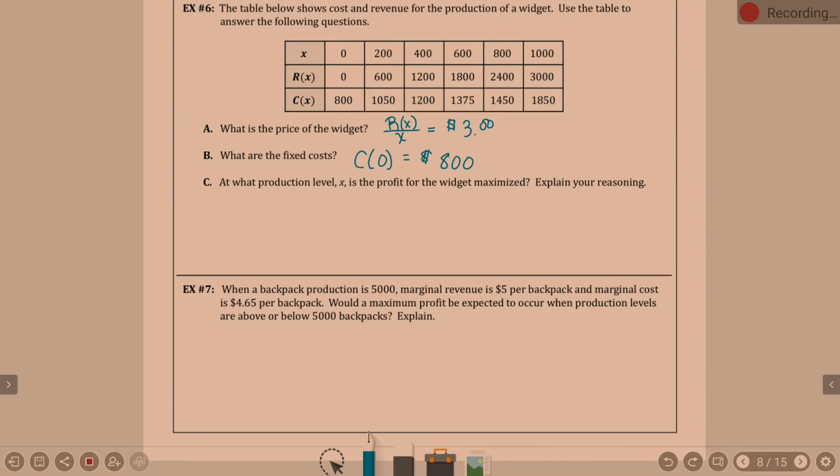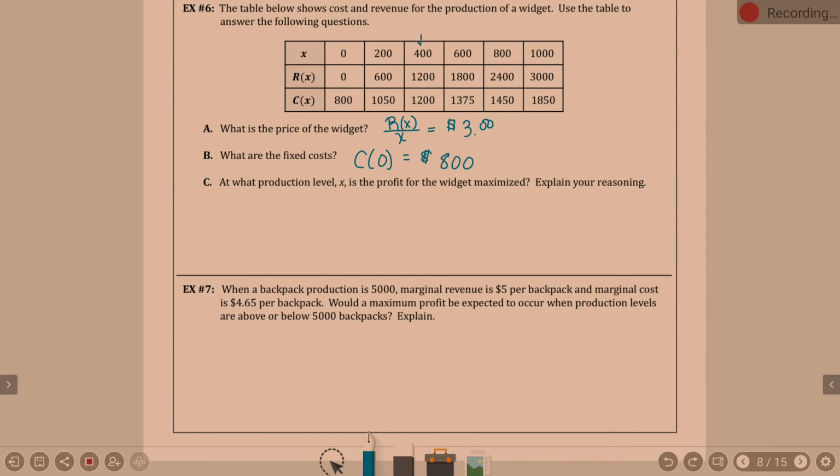Now, can you just sell one widget and make money? No. Can you sell 5 widgets and make money? No. You don't break even until 400. What do we mean by break even here? We're not making money and we're not losing money.